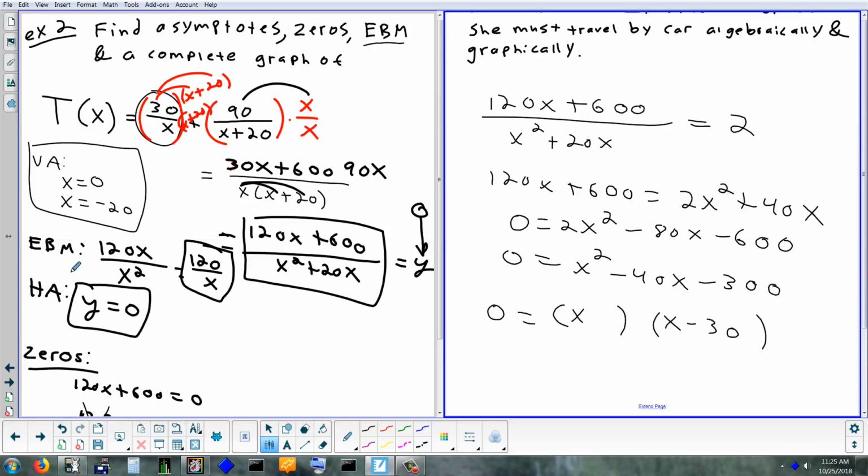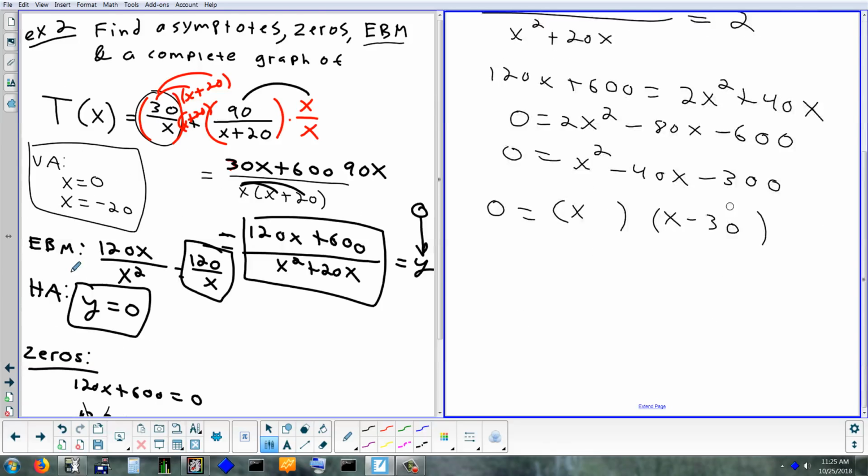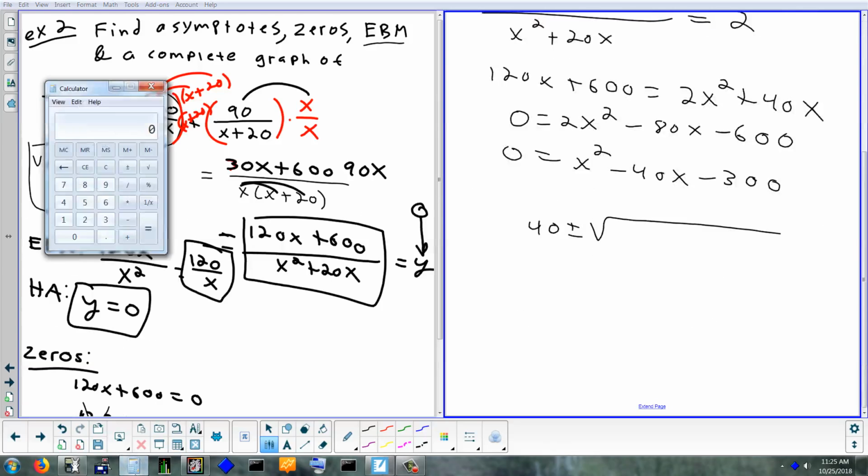All right, so I'm not seeing a quick way to factor that. Is anyone else seeing a way to factor it? So we can do the quadratic formula because I don't see a way to do it quickly. All right, so we have negative b plus or minus the square root of b squared. Negative 40 squared.